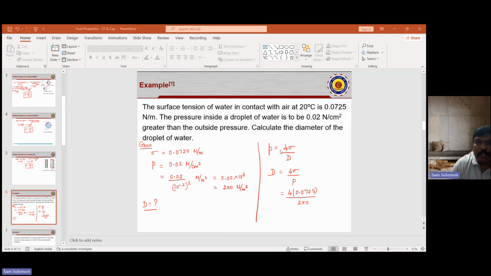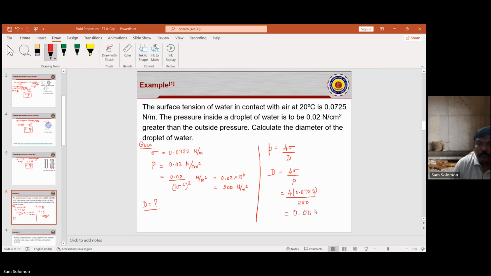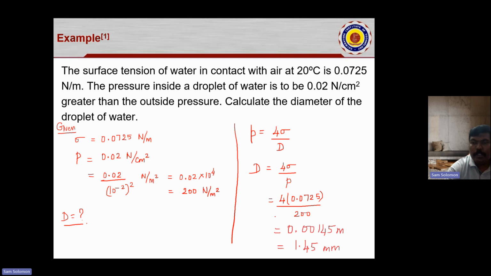So that is 0.00145 meters, or it is 1.45 millimeters. Okay, so that is what is expected from us in this particular problem. So let's move on to the next example.